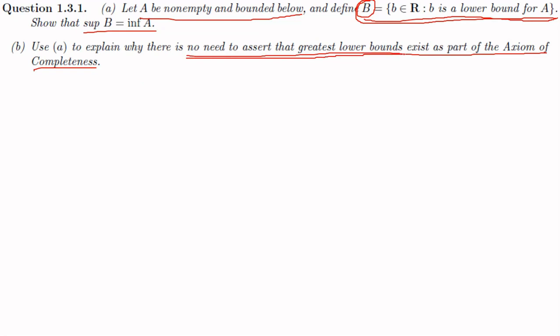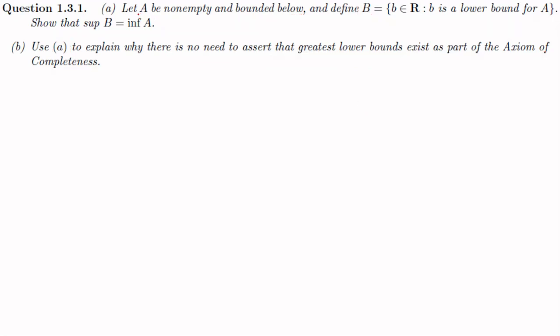So the axiom of completeness does not say anything about lower bounds or the greatest lower bound. So here we have to use the proof used in A to explain why it is not necessary to specify anything about the greatest lower bounds in the axiom of completeness.